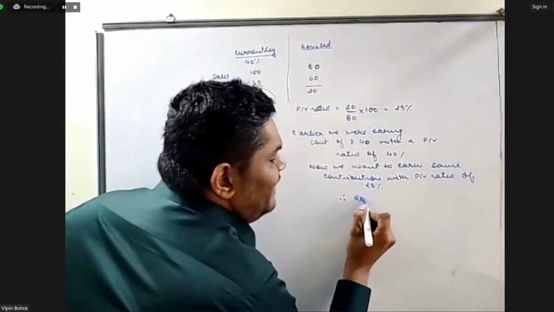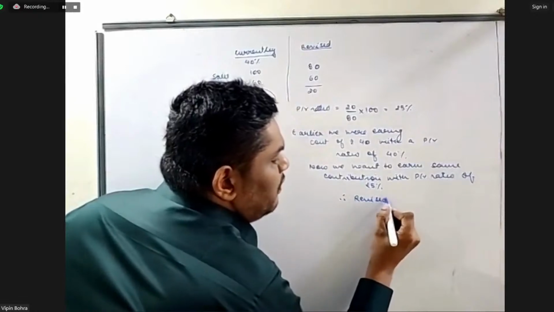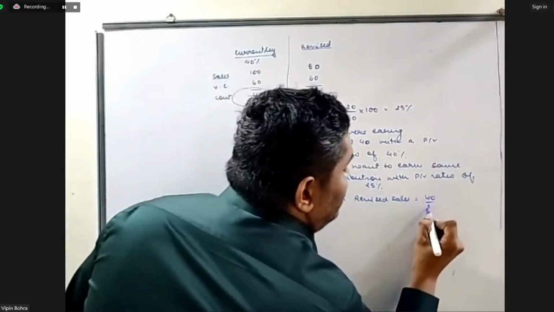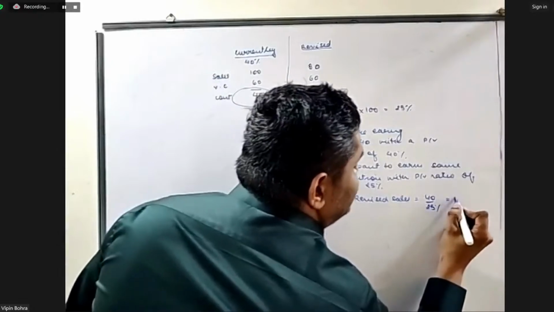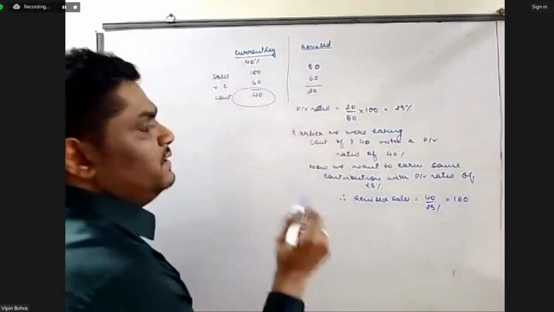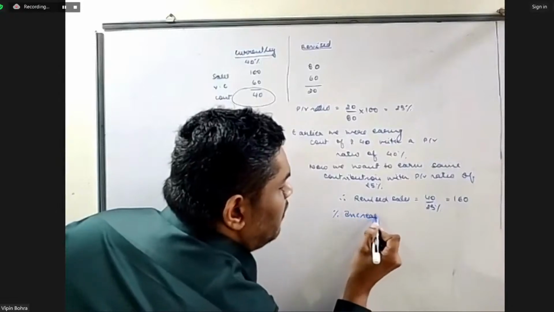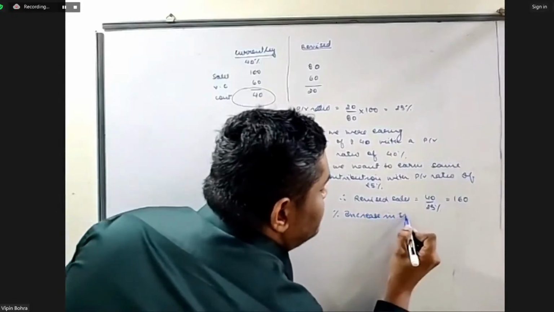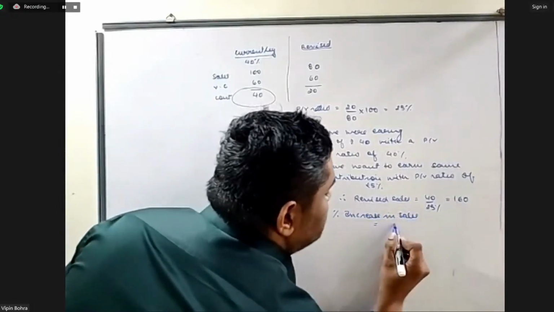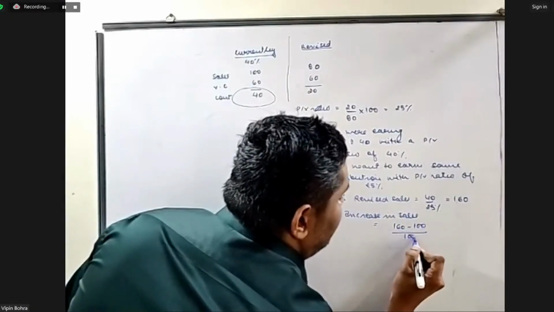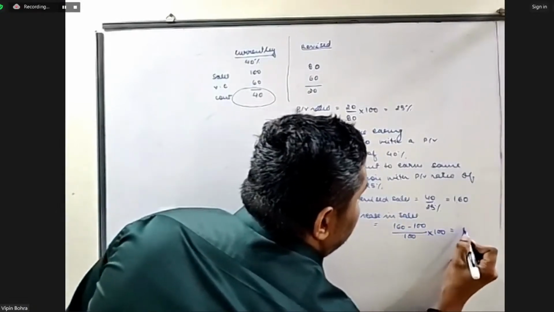Therefore, revised sales will be 40 divided by 25%. So this will be 160. It means the percentage increase in sales will be how much? 160 minus 100 divided by 100 into 100.